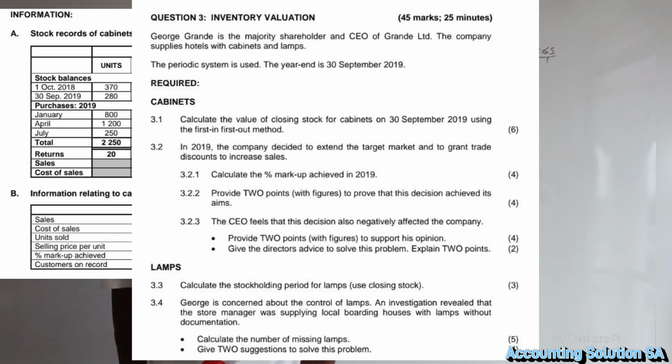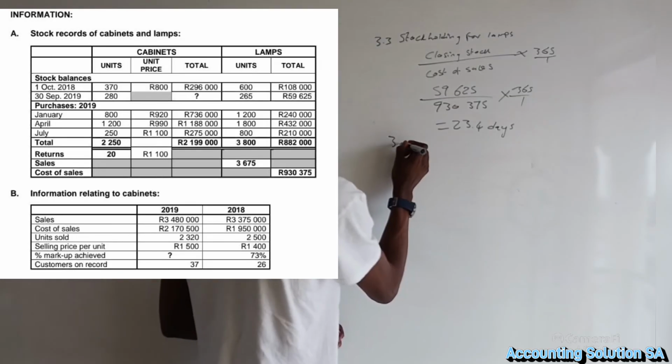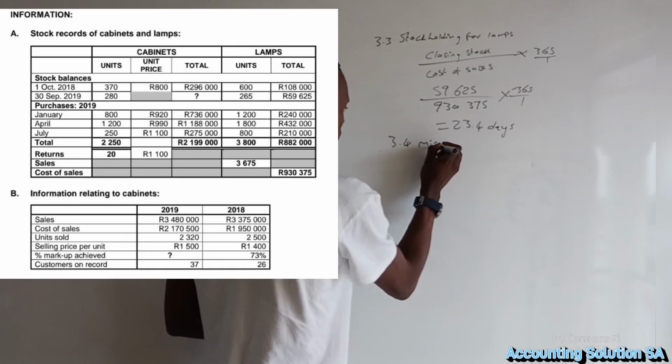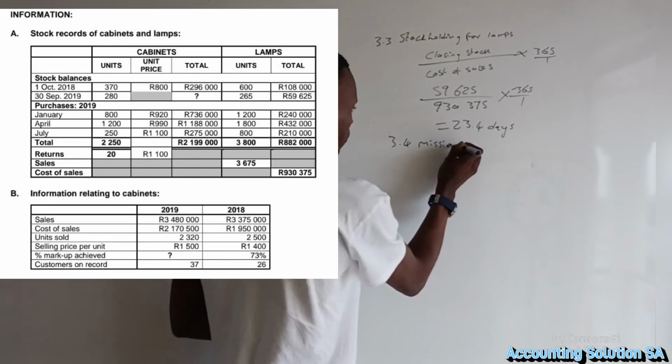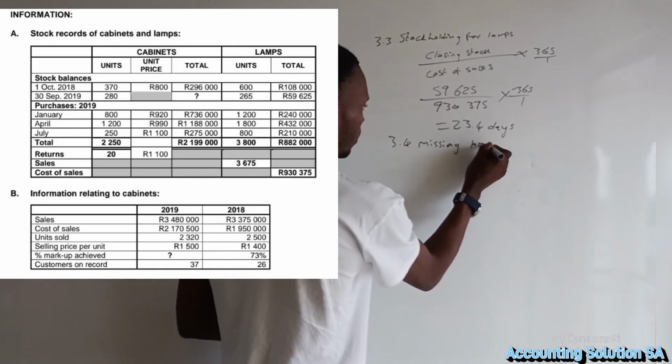Which means George is concerned that something is happening, because there was no document. Number one, they said we have to calculate the missing lamp. The first calculation that we are going to do in 3.4 is to calculate the missing lamp.